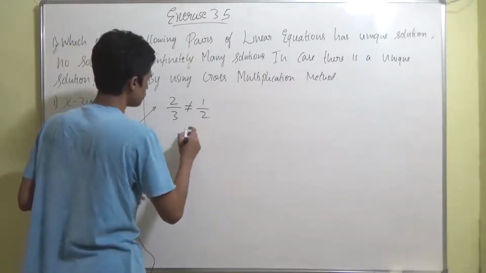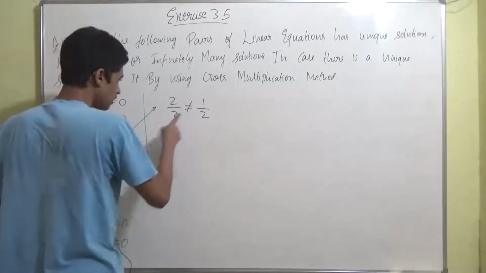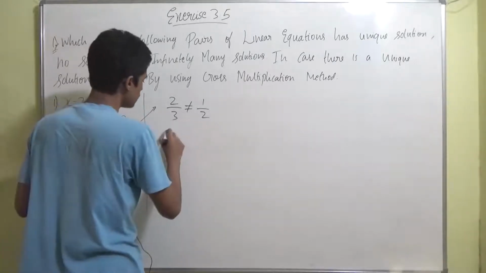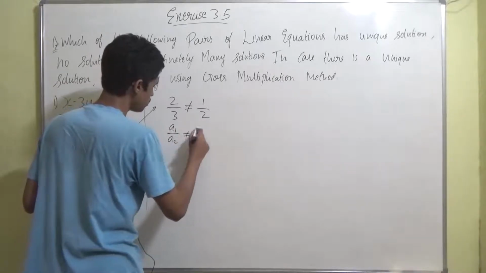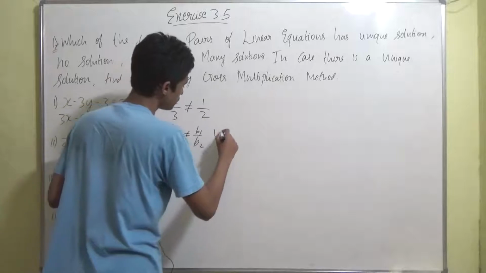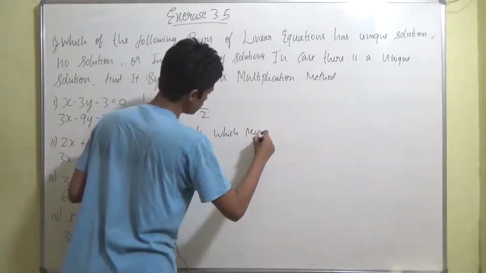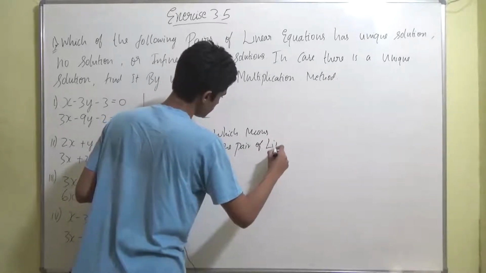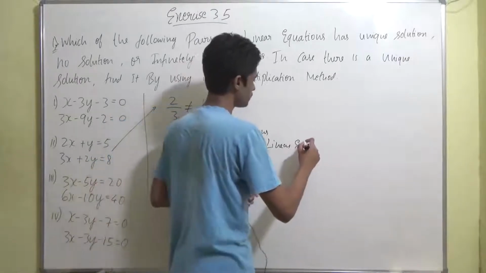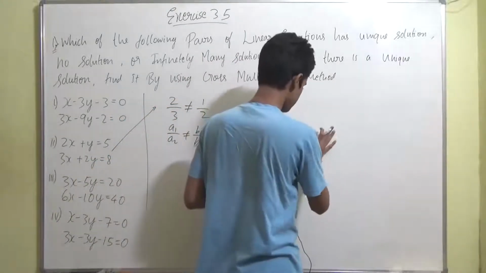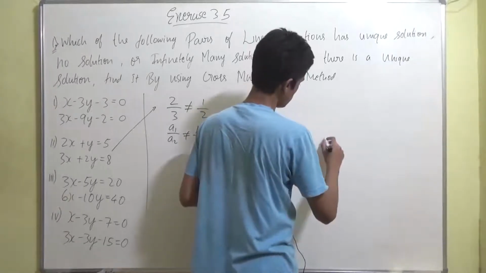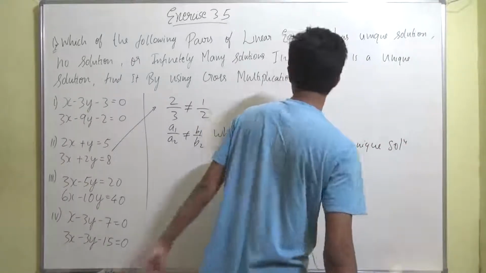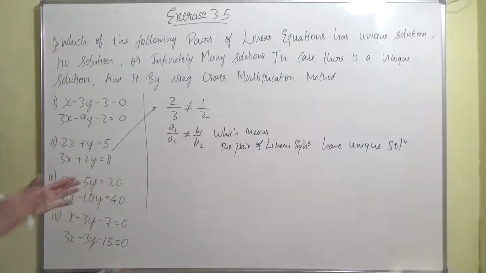Which means a1 by a2 is not equal to b1 by b2, which means the pair of linear equations have a unique solution, right? Done guys.